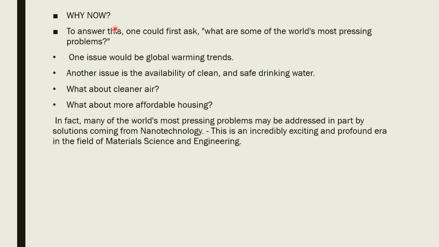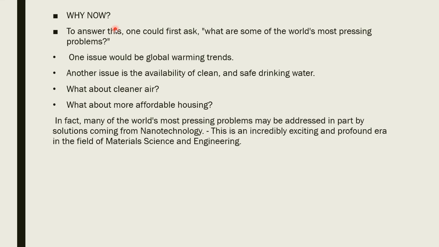Another solution is for manufactured objects: nanotechnology can help manufacture products in the best way, and that can last longer. So all of the pressing problems can be addressed in part by solutions coming from nanotechnology, and this is an incredibly exciting and profound area in the field of material science and engineering as well.